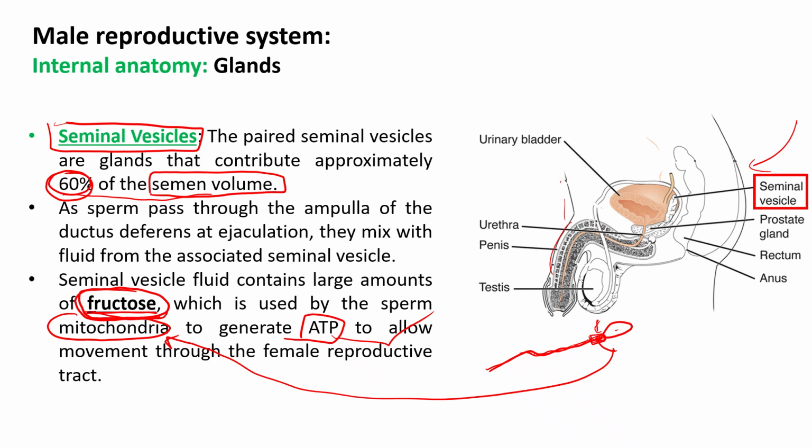The fuel is going to be this sugar. The sugar will be broken down, and that's the chemical the mitochondria inside the sperm use to power the movement of the tail that allows the sperm to swim. Remember that once it's ejaculated, the sperm will have to swim through the female reproductive system until it reaches the egg in the fallopian tube.